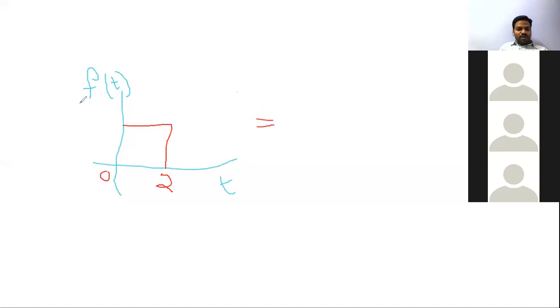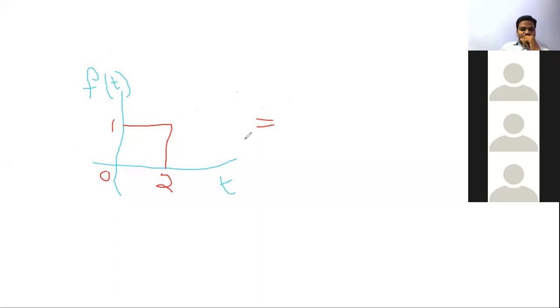If you have given this type of graphical representations and you are asked to write down the mathematical expression, first of all, please see the graphical representation clearly. Here the interval is clearly shown, that is 0 to 2. In between 0 to 2, the signal is present, and it has an amplitude equal to 1.